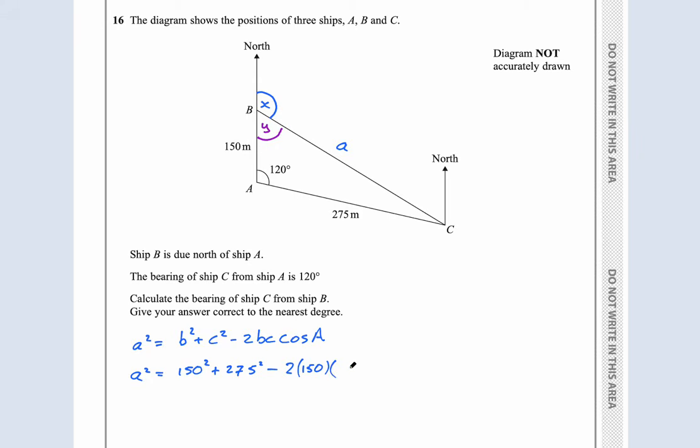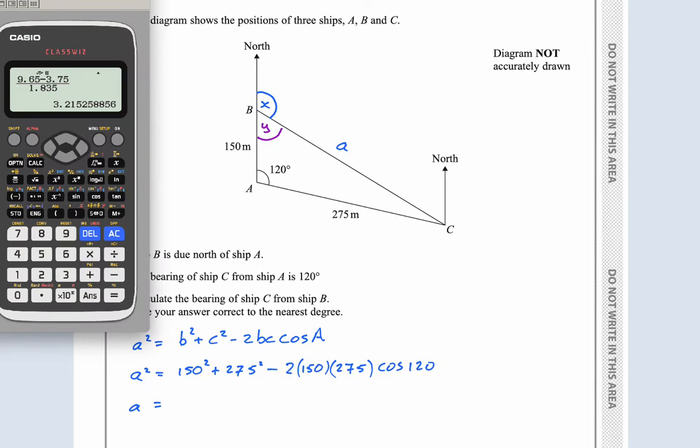150 times 275 times cos of the angle between them, which is 120. A is then, and guys, you can go straight from this to A, and the way you do it is with the square root.